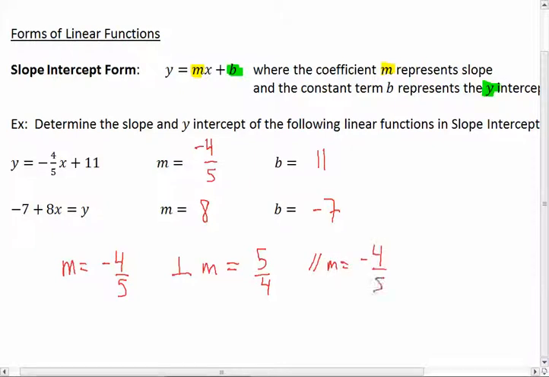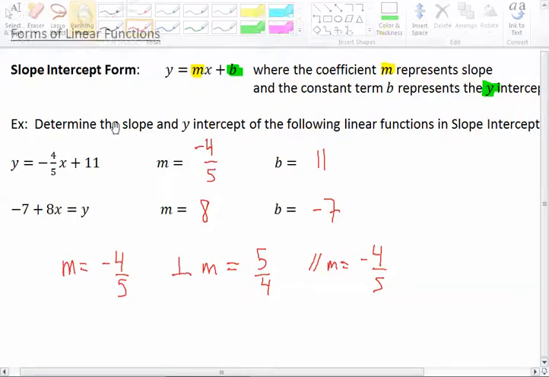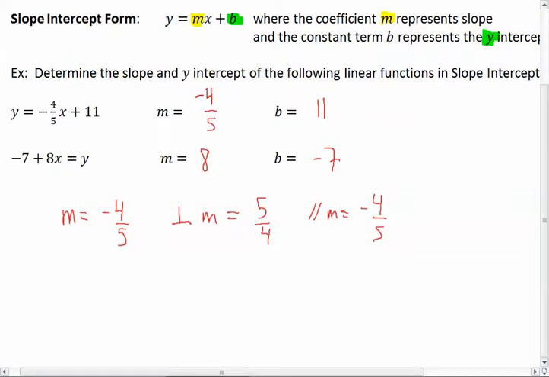Similarly, if m is 8, our slope is 8, what would the perpendicular slope be? Beautiful. And what would the parallel slope be? 8, or 8 over 1. Remember, any whole number integer you can make into a fraction by putting it over 1.